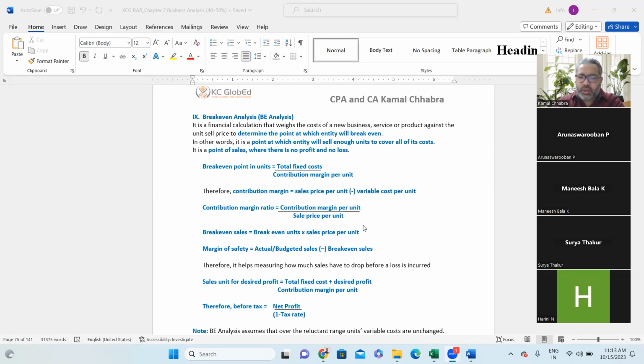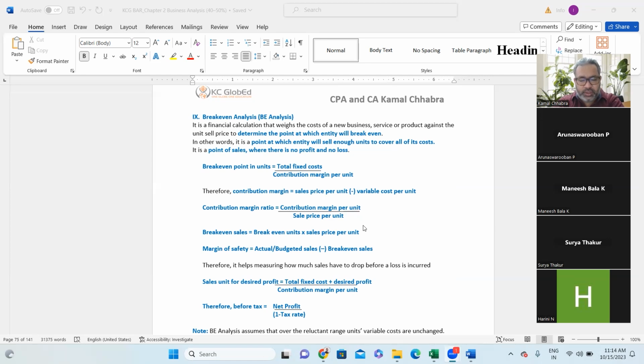So there's a formula to calculate it, and this is very important. I would say you'll get a few questions in your exam on the break-even point for sure. So you should be very well aware of this formula. It's a point where the company does not earn any profit, but at the same time is not making any losses either. So, break-even point in units.